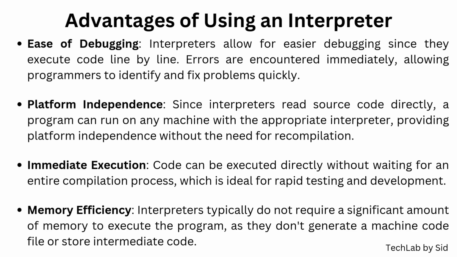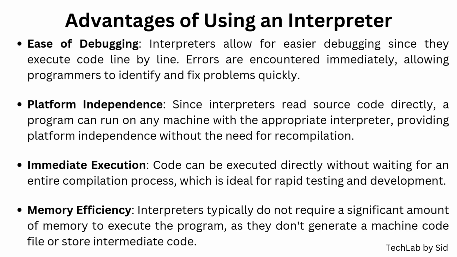Advantages of using an interpreter. Ease of debugging. Interpreters allow for easier debugging since they execute code line by line. Errors are encountered immediately, allowing programmers to identify and fix problems quickly. Platform independence. Since interpreters read source code directly, a program can run on any machine with the appropriate interpreter, providing platform independence without the need for recompilation.